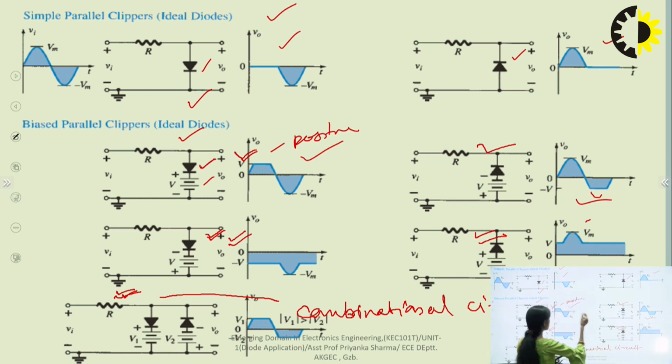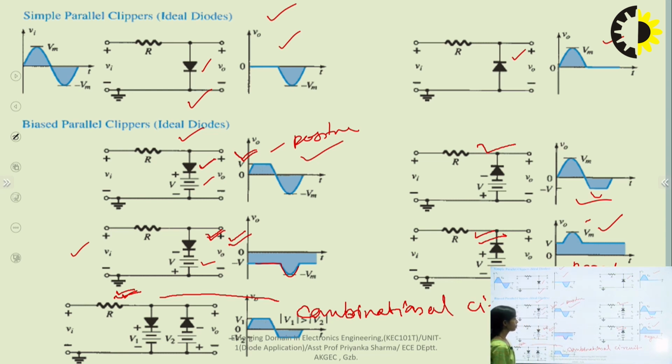And with the third arrangement, we have the diode in the same arrangement, but only the battery is reversed. We have all the signal appearing on the negative side, and a similar waveform is obtained for the fourth case, but only on the positive side. And we can say here the negative portion is clipped.